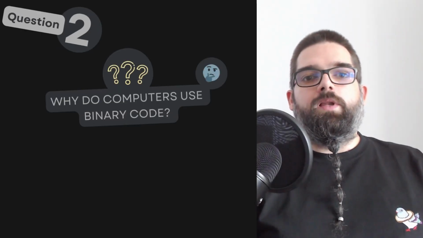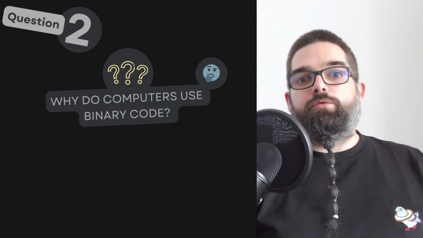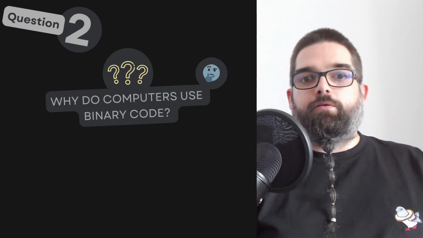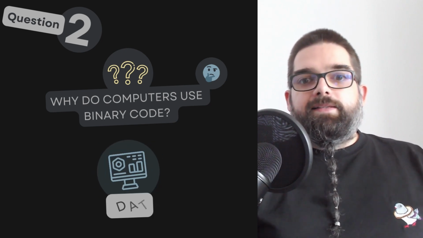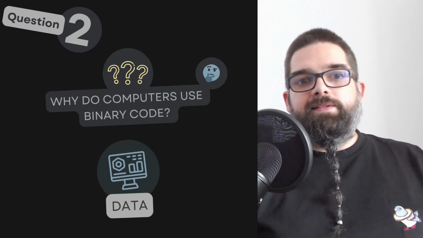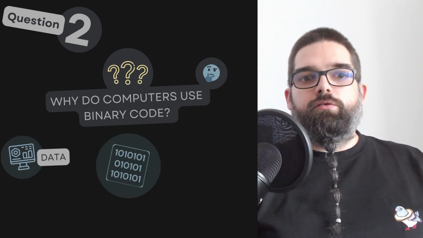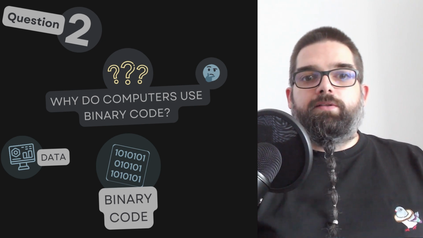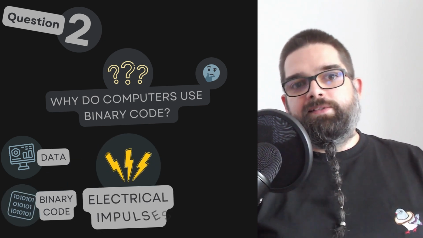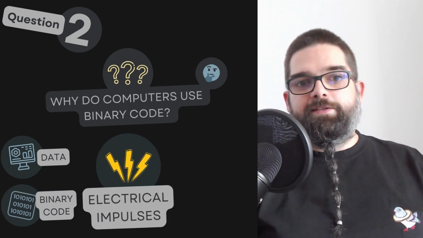Question number 2. Why computers use binary code? That's a very good question. As I said earlier, the data is processed in a binary code that includes only zeros and ones digits. Everything is connected here to electrical impulses that are sent through a processor.